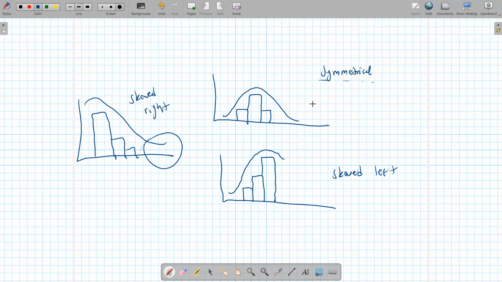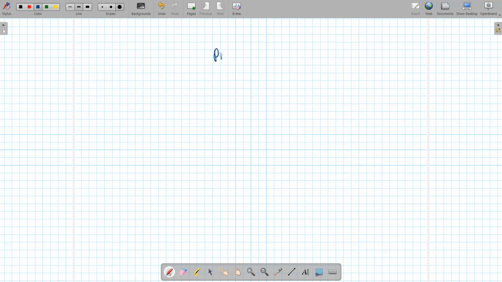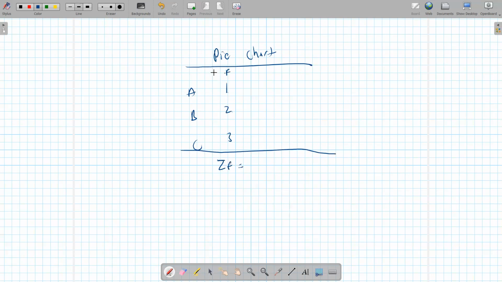What else did we do? We also talked about pie charts. So let's say we have A, B, C, with frequencies 1, 2, 3. What's summation F going to be? Remember how to find summation F? You just add up all the F. It's 6, right?